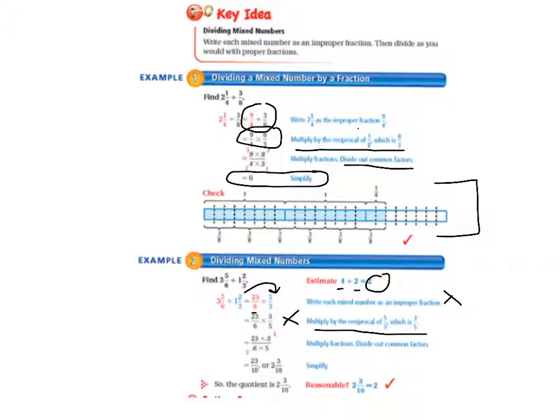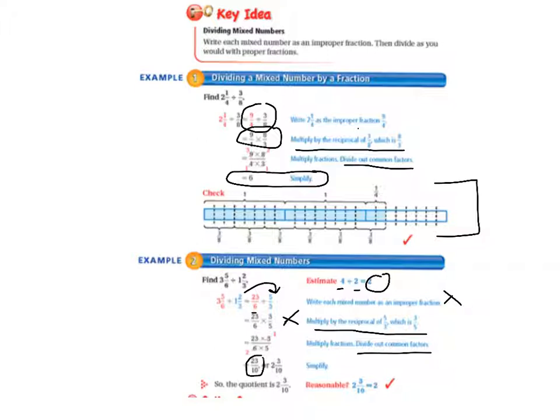And when we multiply, we divide out the common factors, so we look for those. 3 goes into 6 2 times, so our 3 becomes a 1, our 6 becomes a 2. 5, unfortunately, does not go into 23, so we have to leave that alone. So we multiply the top. 23 times 1 equals 23. 2 times 5 equals 10.